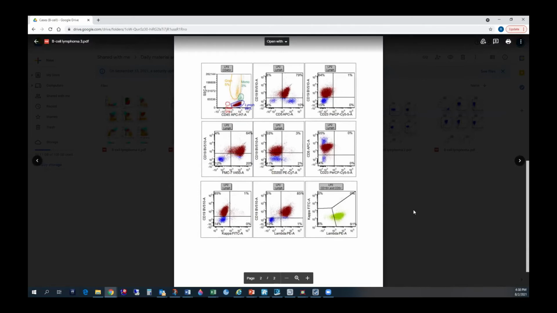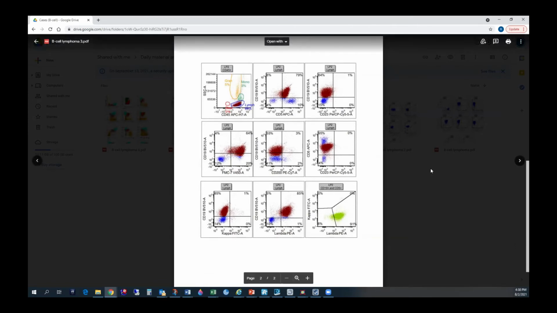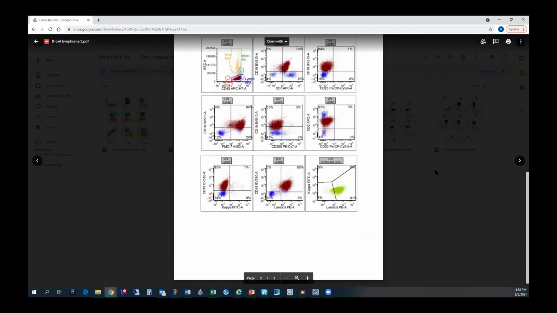Then they are CD5 positive, CD19 positive, CD23 negative. Then FMC7 positive as compared to the other one, which was FMC7 negative. Then CD200 negative, CD19 positive, CD23 negative, kappa negative, lambda positive.